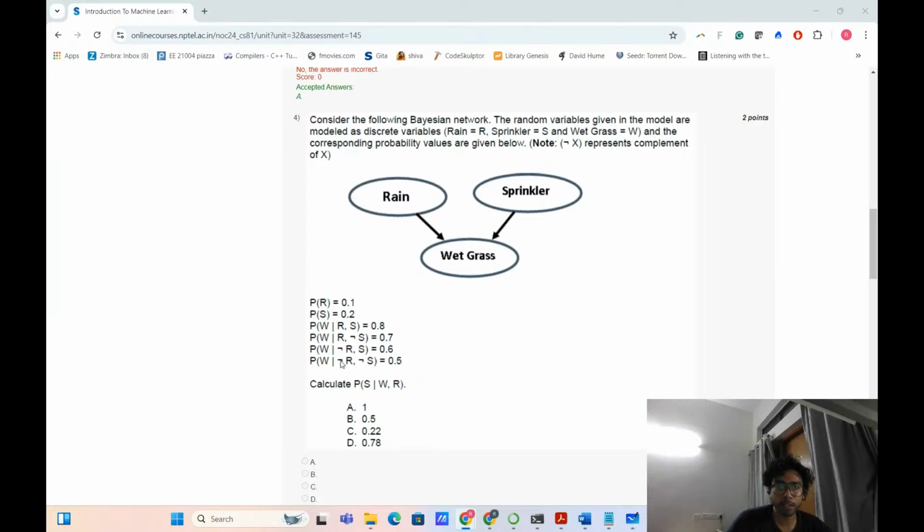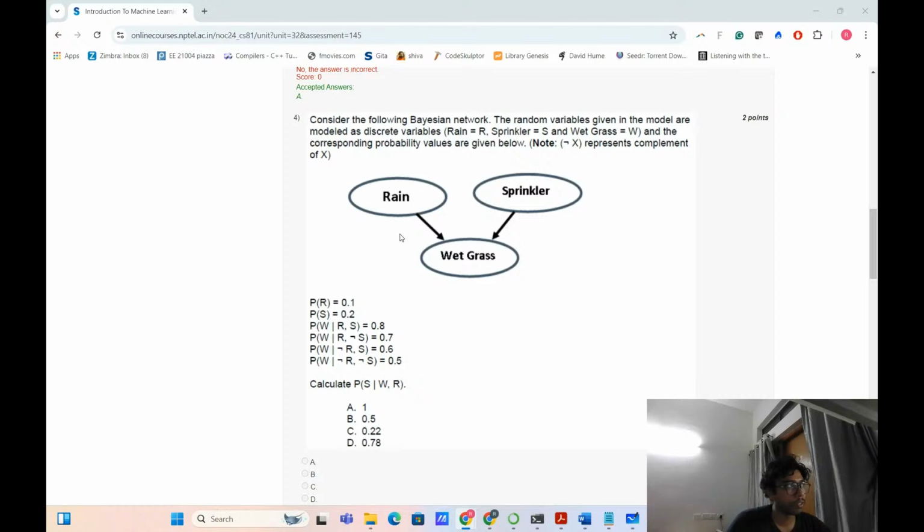So these are given, and you have to calculate probability of sprinkler given wet grass and rain. So you see, this is the inverse probability that you have to calculate. What has been given is the probability of wet grass given rain or not rain and sprinkler and not sprinkler, but you have to calculate the probability of sprinkler given wet grass and rain.